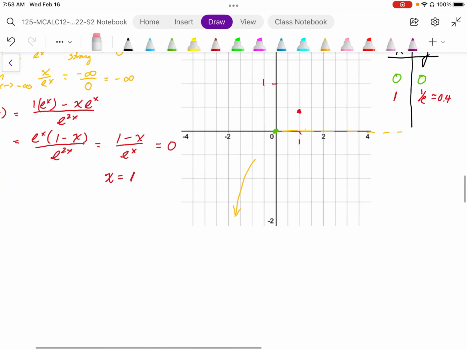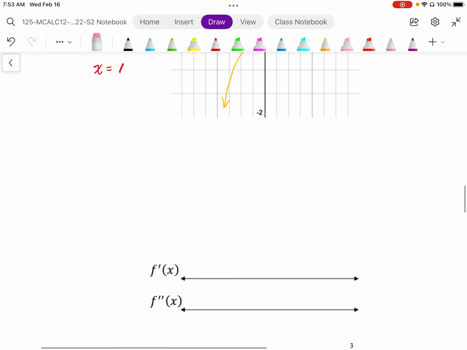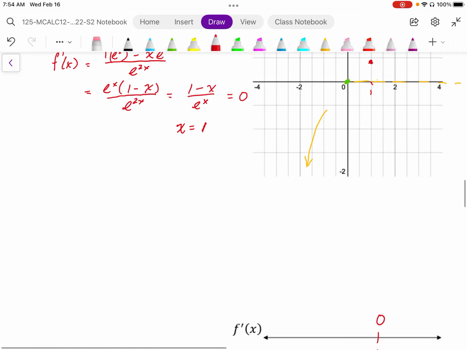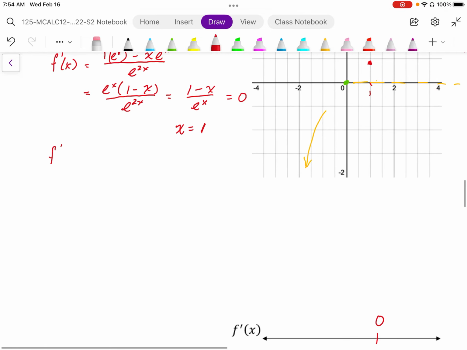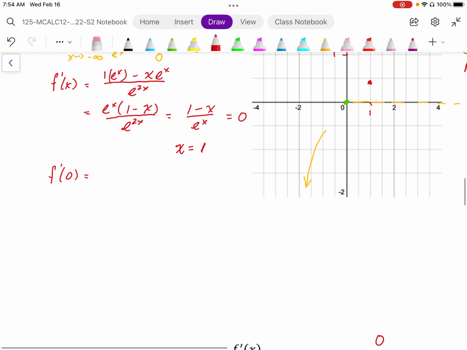Okay, so putting that in my slope chart then, at x equals 1, we have 0 slope, and we want to test the slopes on both sides of that. So we're going to test f prime at 0. Plugging in 0 into that equation, we get positive over e to the x, which is always positive, so that is positive slope.